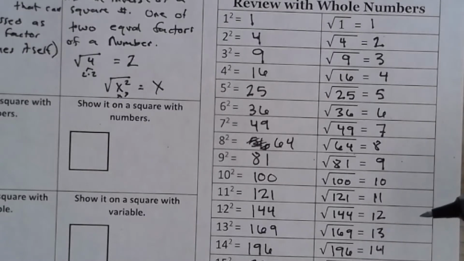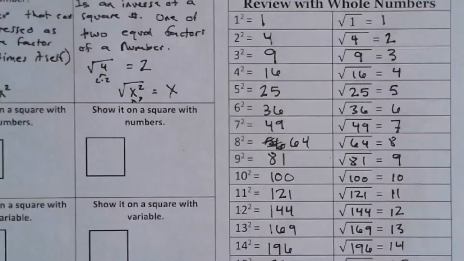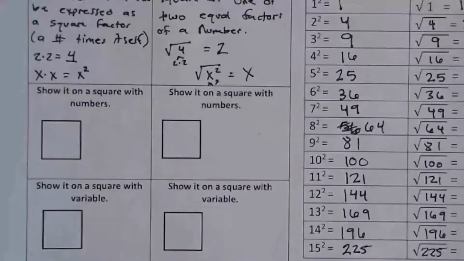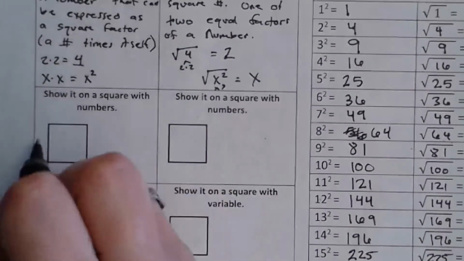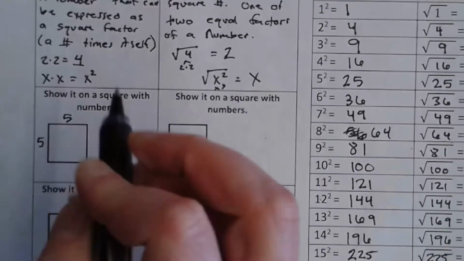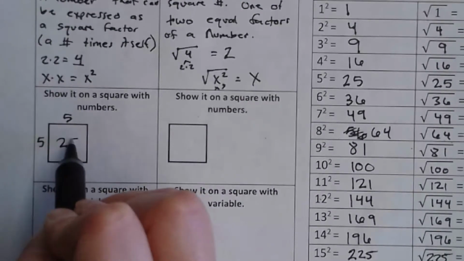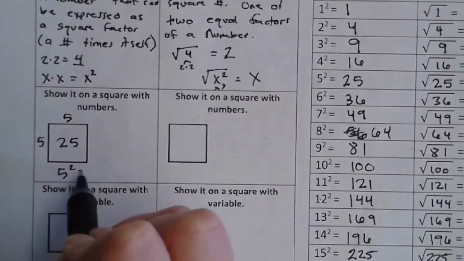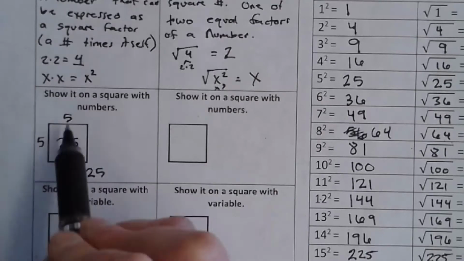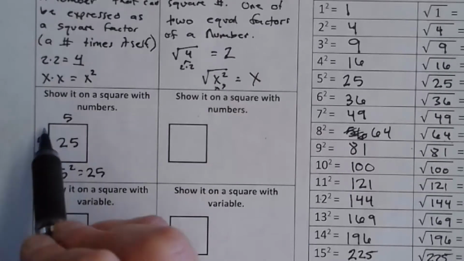Okay? So if we think about it as a table of squares, if I had 5 times 5, if you think base times height, there's 25. So 5 squared gave us that 25. It's kind of why they think of it as a squared number.